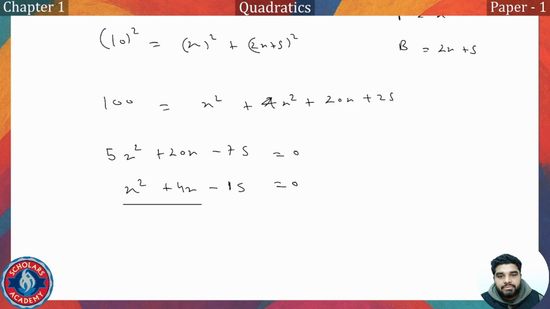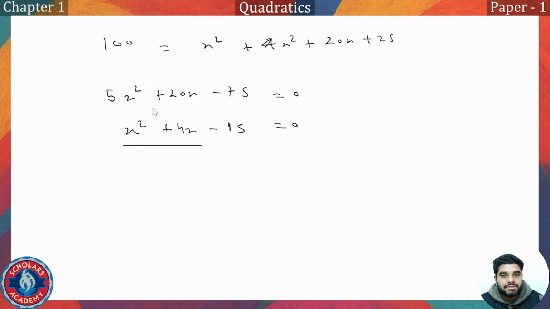Now completing the squares. So just first two terms. 2b is equal to 4. b is equal to 2. b square is equal to 4.